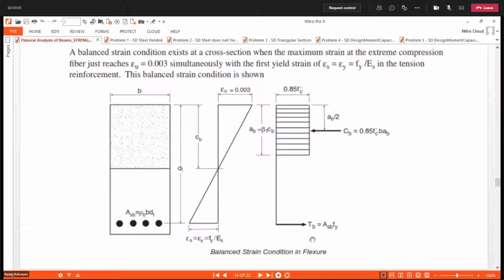And then our tensile force will be equal to As multiplied by fy. Why fy? Because our steel has yielded here. Okay?